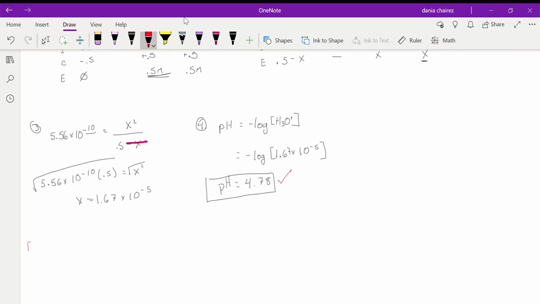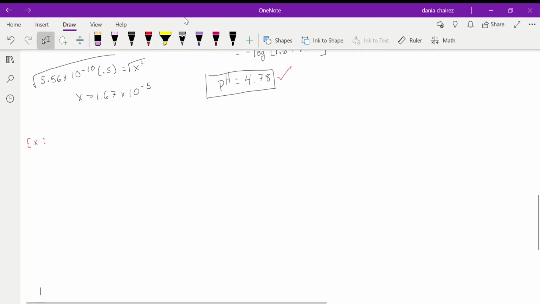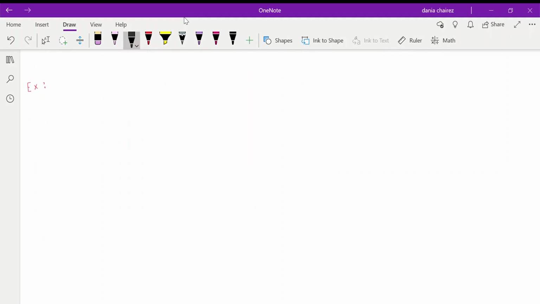So then we can do another example. And this time, let's do a basic salt. Okay, so let's say that we have 15 grams of sodium acetate in 3 liters of water.